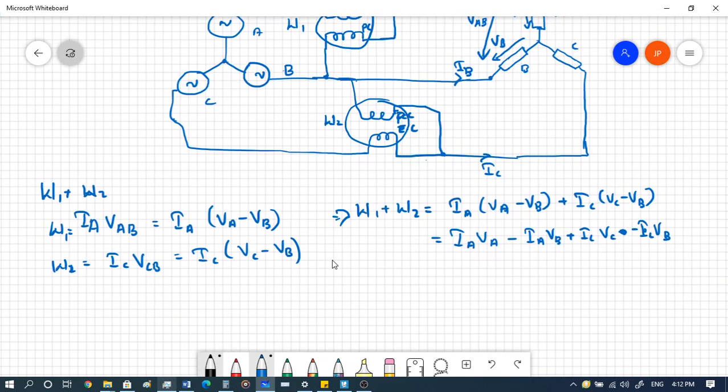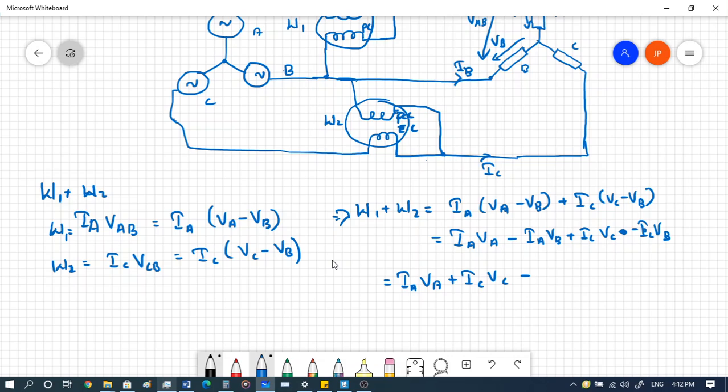Now here in two quantities we have VB common, so let's take it together. So IA VA is the power in the A line, plus IC into VC is the power in the C line. So you have got two powers.